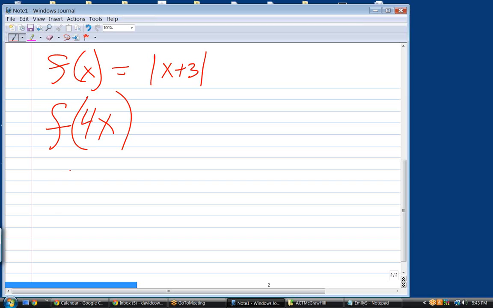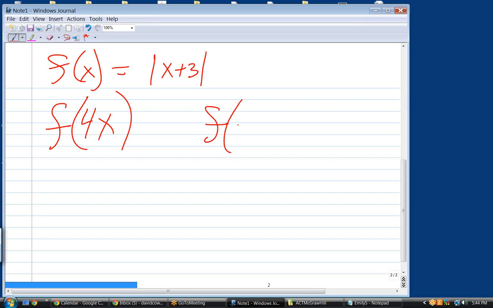Well, again, the horizontal stretch is where you put the multiplier inside the parentheses, not outside the function. And to stretch it by a factor of 4 means it needs to be 1/4. So I think I do have these backwards. In other words, let me just show you what I mean by that.